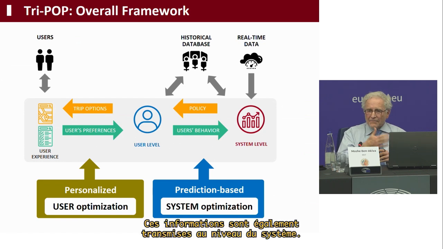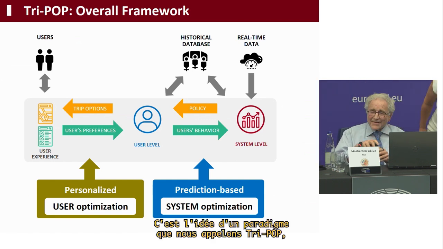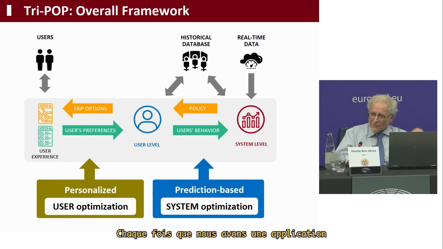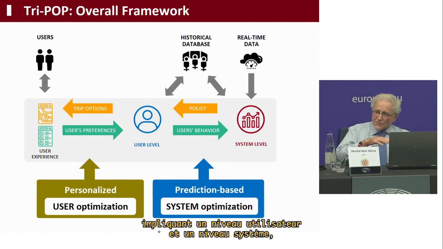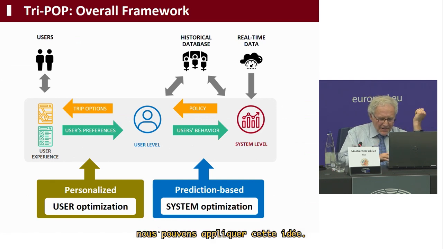This information is also fed back to the system level. That's the idea of a paradigm that we call tripop. It does not necessarily only apply to mobility; any time we have an application with this user and system level, we can apply this idea.